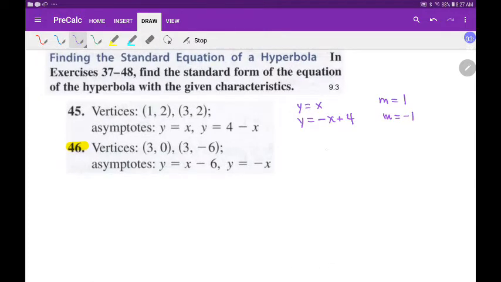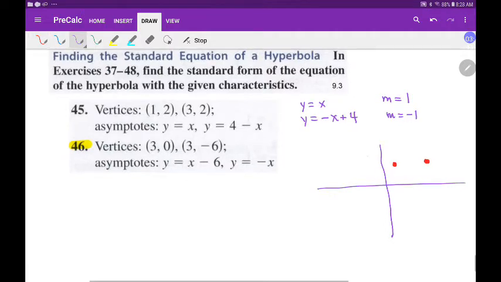Let me draw a little picture here. I'm looking at 1 and I'm looking at 3. So here we go. I'm at 1, 2. Let's call that 1, 2. And then we'll call this 3, 2.